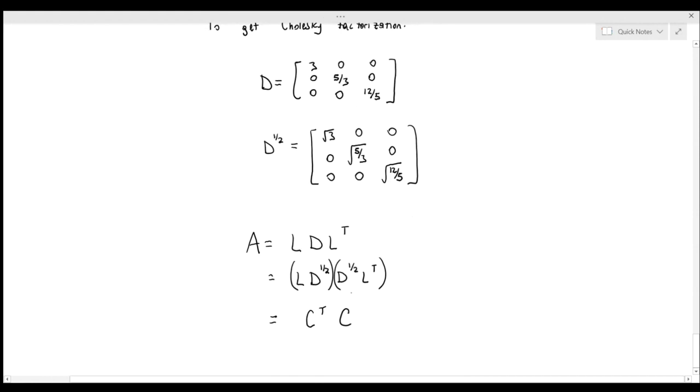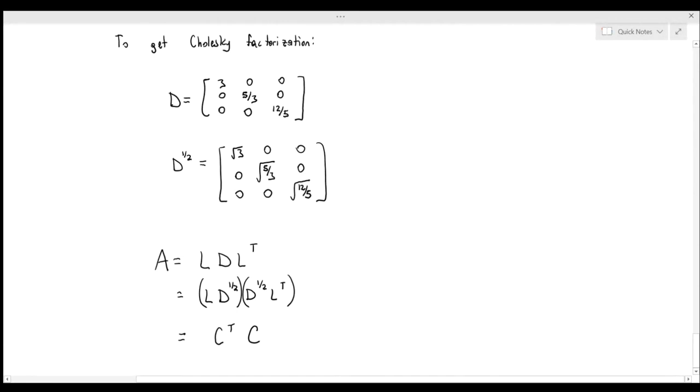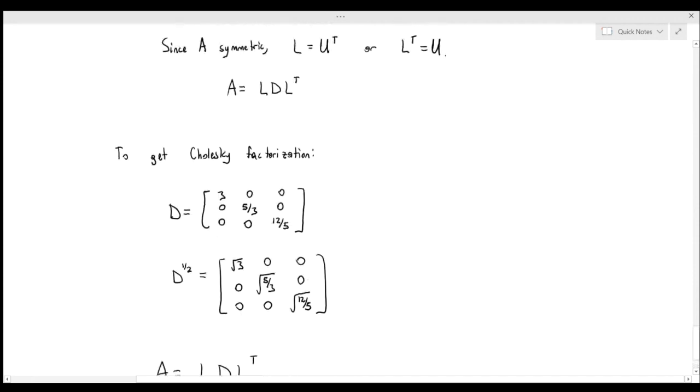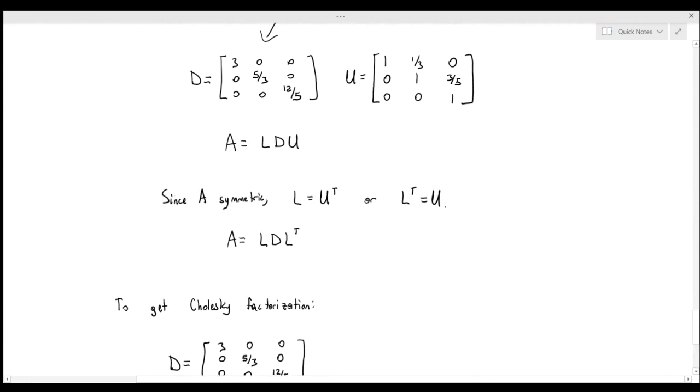All right, so let's see here. I'm going to compute this part here, this term on the right, in order to get the matrix C. So here's the square root of D, and L transpose earlier was this upper triangular matrix.